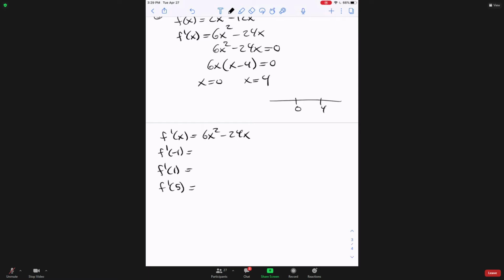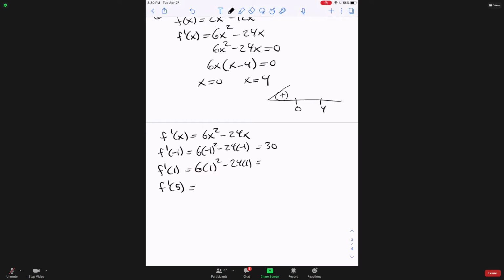All right. Okay, so let's plug in -1. 6 times -1 squared minus 24 times -1. So 6 plus 24, that's a positive. That's all we care about. So it's increasing. Now let's pick a value between 0 and 4. I picked 1. 6 times 1 squared minus 24 times 1.